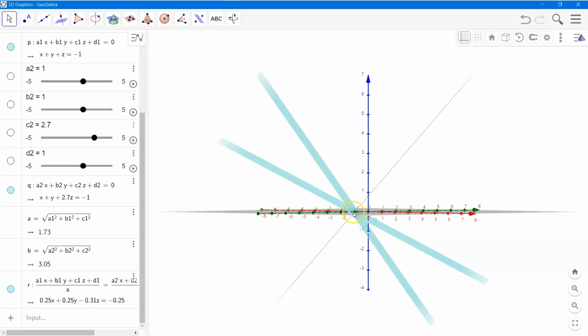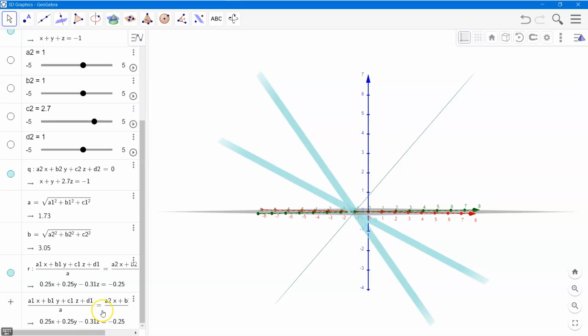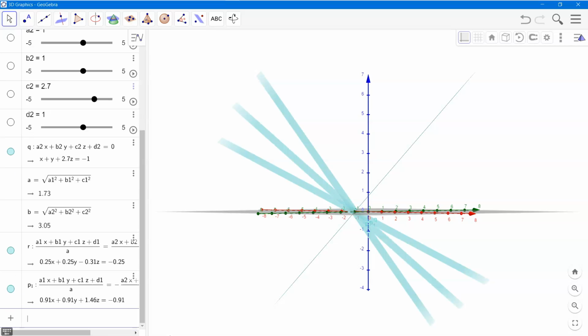Here you can visually see that it is actually bisecting the planes. Now what about the equation of the other bisector? It would be the same thing, so I can duplicate this, and on this side I just put a minus sign, so I get this.